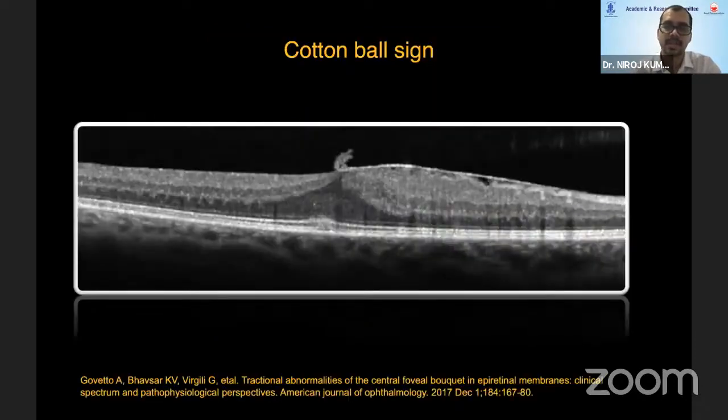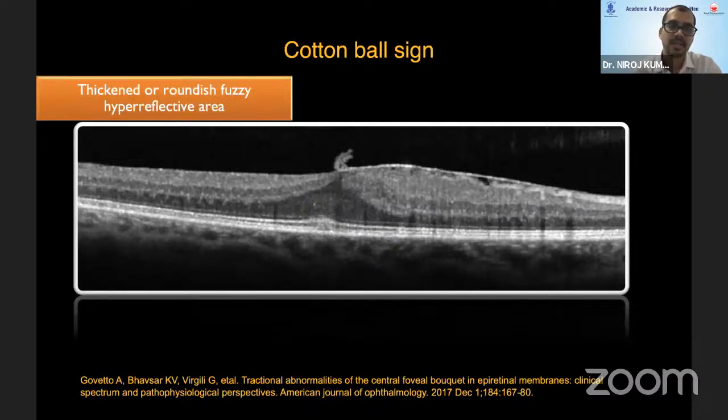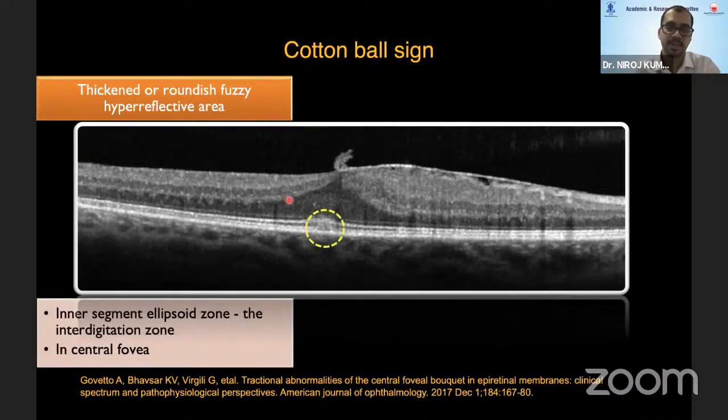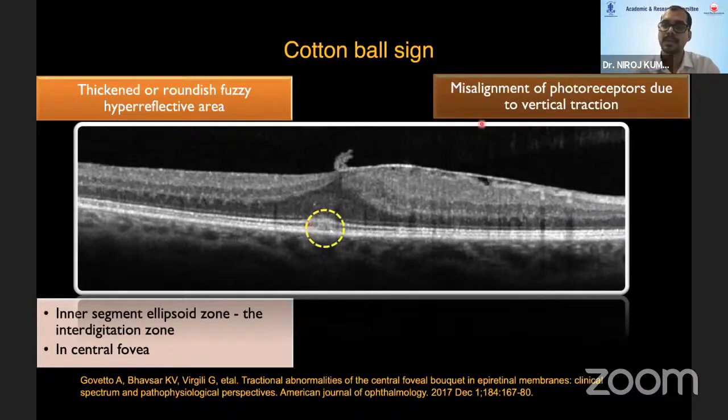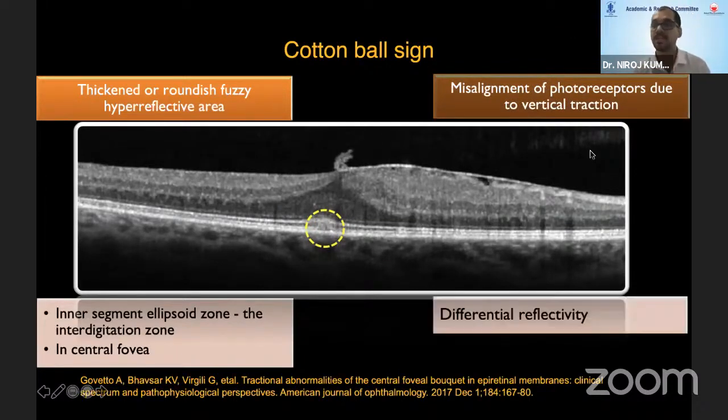First one is a cotton ball sign. It is a thick, roundish, fuzzy, hyperreflective area that is present between the inner segment ellipsoid zone and the interdigitation zone, as we can see here in the yellow circle. It is due to the misalignment of the photoreceptors that causes differential reflectivity that gives rise to this kind of a picture.